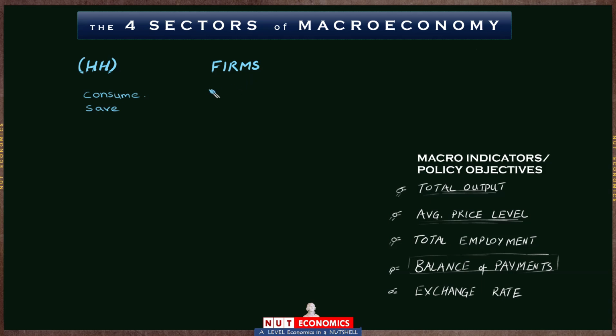Now, the main role of these firms is obviously that they produce goods. They are responsible for producing the total output of the country. But do remember that these firms sometimes also buy and purchase some of the output that they have produced. Think about producers: they need to buy furniture, they need to buy stationery, they need to buy other things to run their businesses.